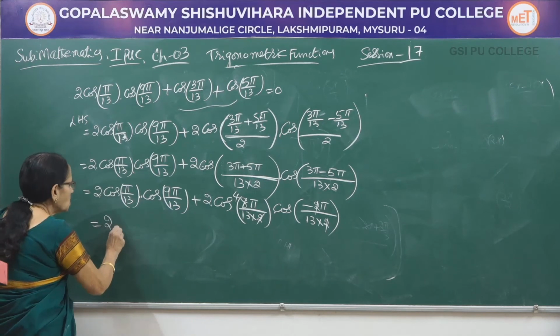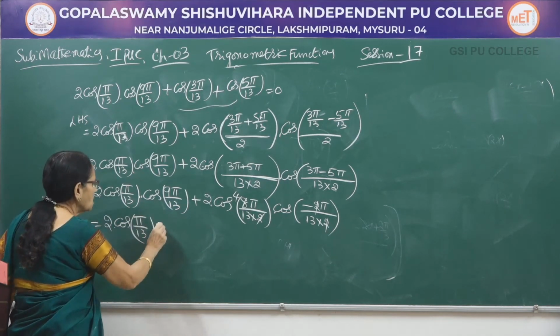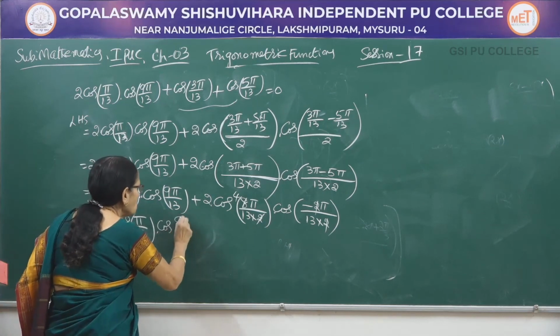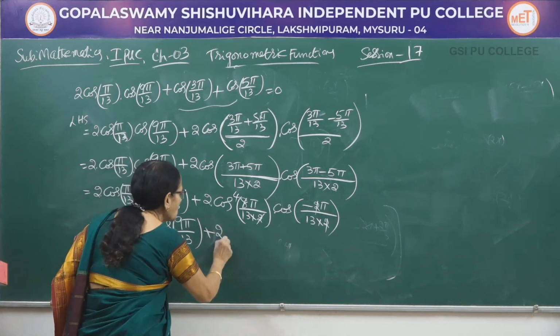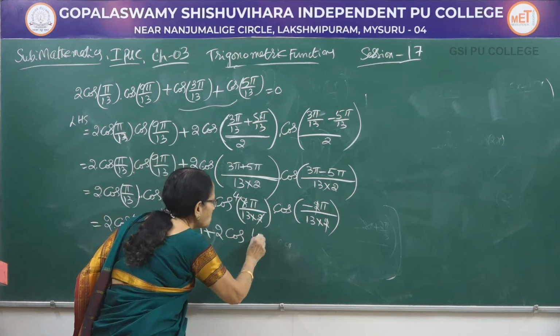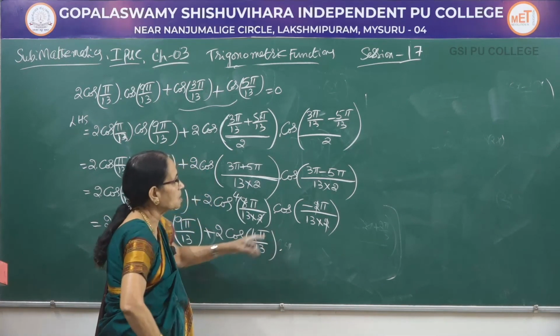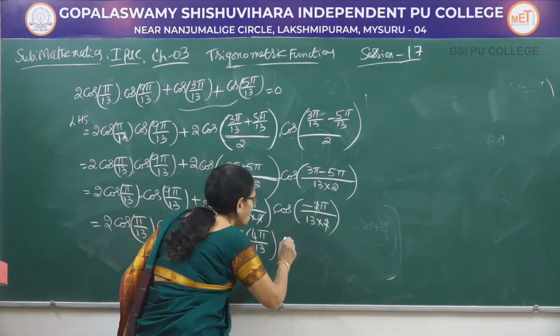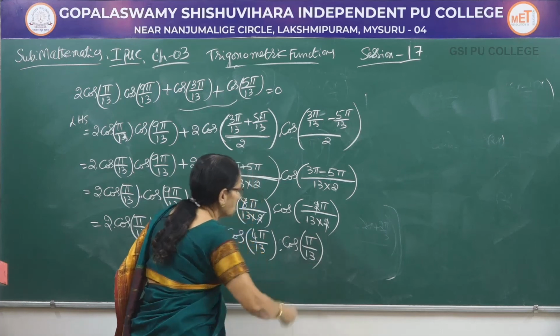Now again one more step. It is 2 times cos of pi by 13 into cos of 9 pi by 13 plus 2 times cos of 4 pi by 13, the two fours have cancelled, and here you know that cos of minus theta is cos theta, therefore it is cos of pi by 13.